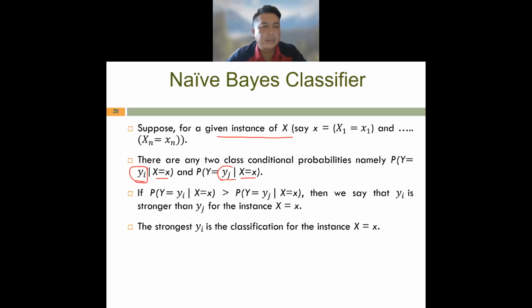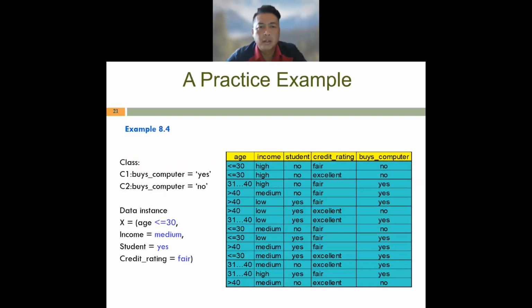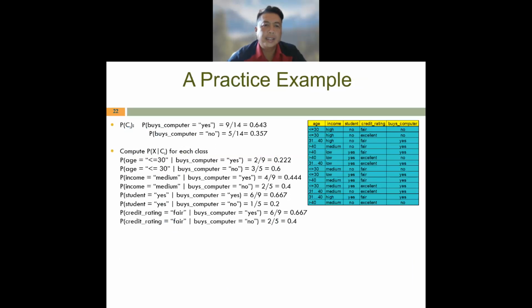Whichever is bigger, we decide that it will be the class of the new item. So let's take a look at this example.